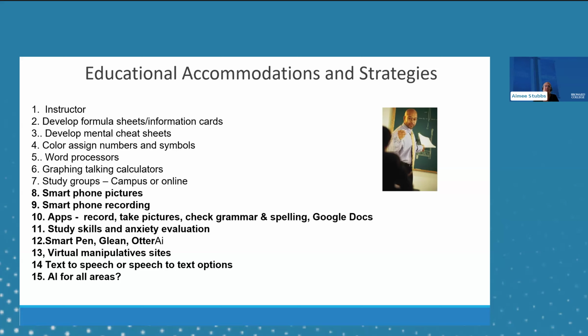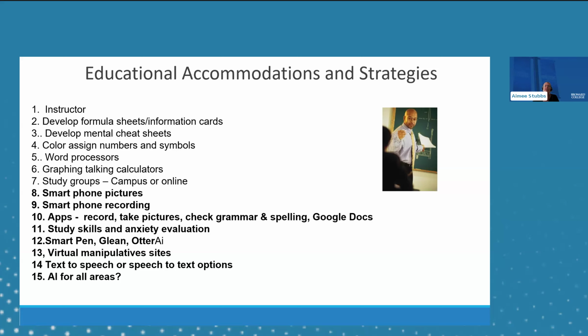Also use the smartphone to take pictures of what's on the board so they can remember, and for recording. And like I said, taking the pictures, checking grammar and spelling. We have a lot of apps out there for that as well.